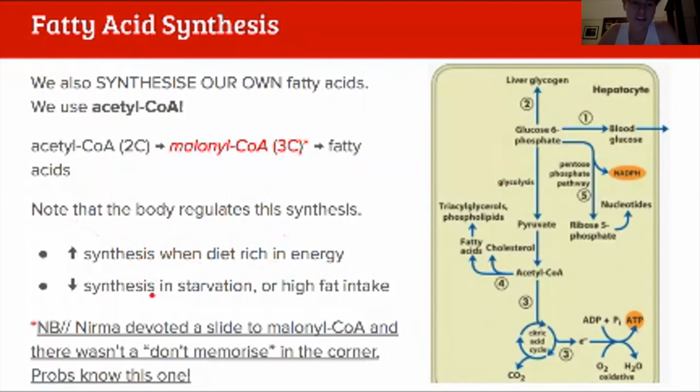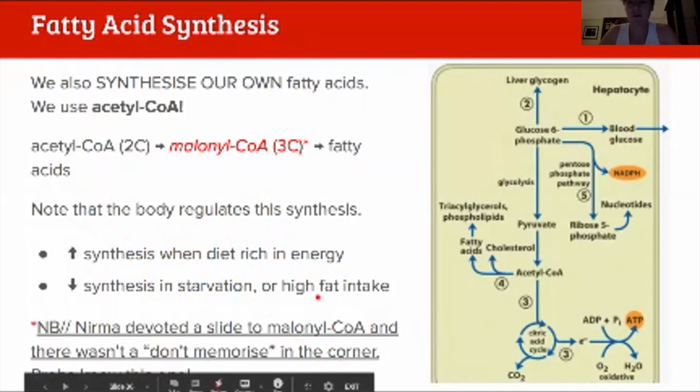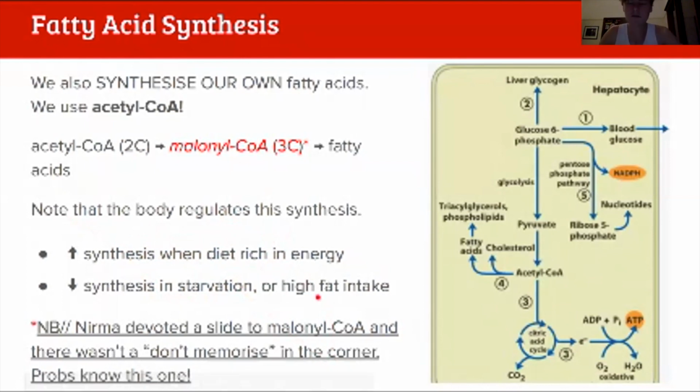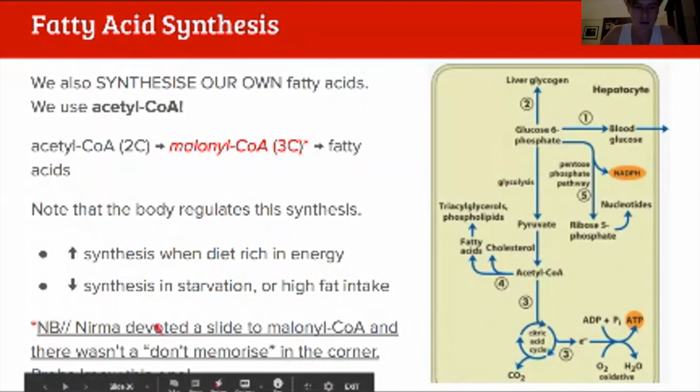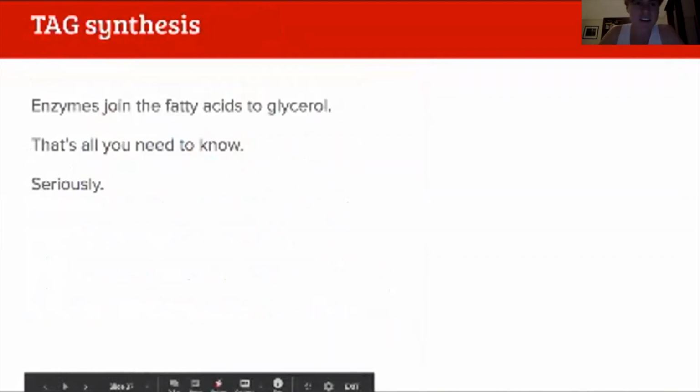On the flip side of that, if we have a diet that has less energy, we're not going to produce as much fatty acids because our body is using that acetyl-CoA in the Krebs cycle rather than synthesizing more fatty acids. All right, and I'm just saying here that it's worth knowing malonyl-CoA because Nirma seems to think it's very important. It's in her slides.